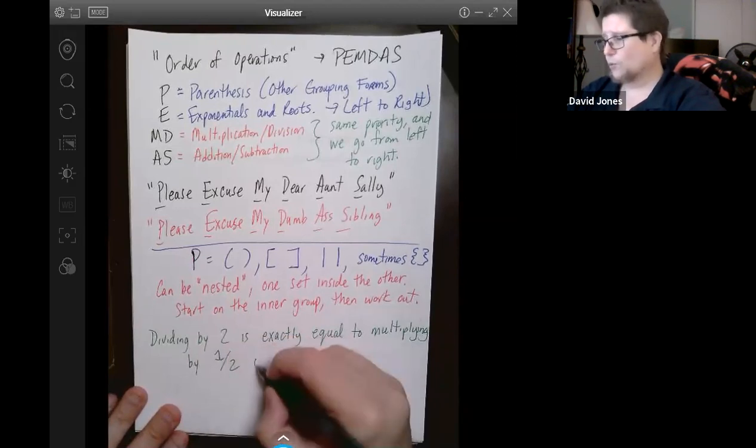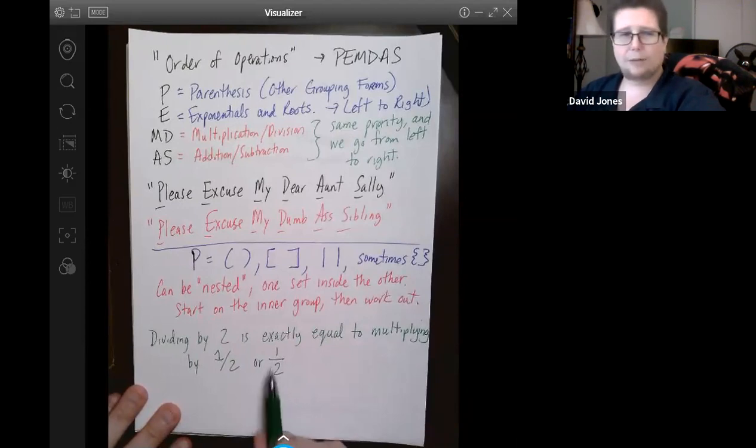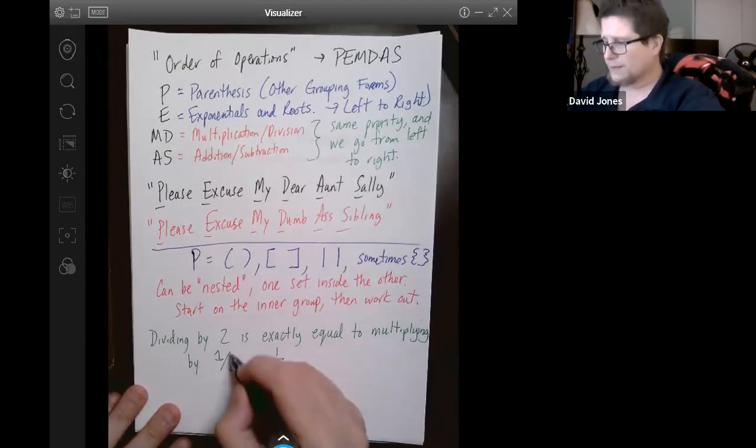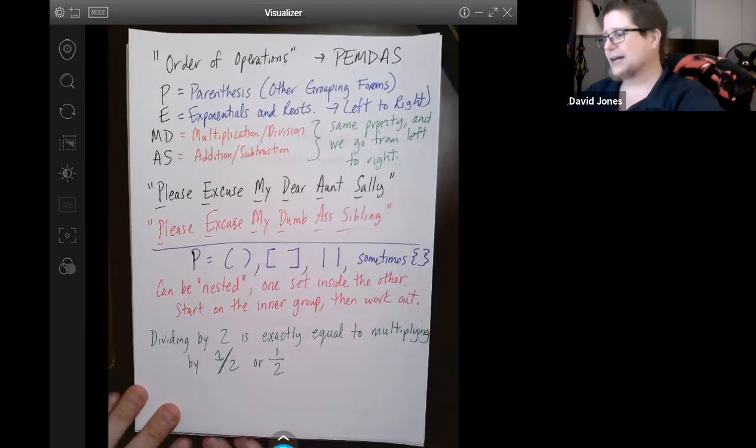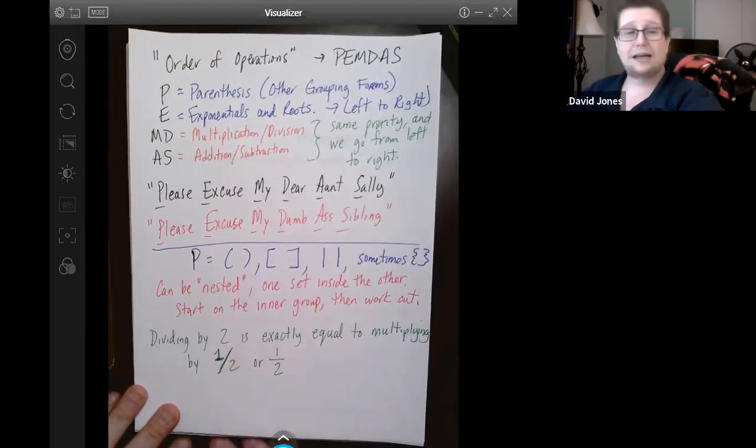One half, or 1/2. Sometimes people do the horizontal bar like that. Sometimes people do this slash, and some people use a vertical line for a 1, or you might see the typewriter version.